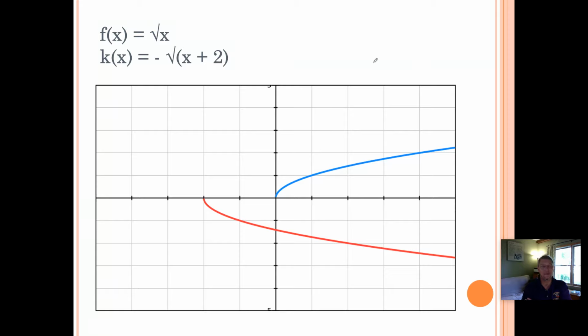Now let's look at the function k of x. In this case, I've got k of x equals negative the square root of the quantity x plus 2. So I'm doing two things here. First of all, obviously, I flipped it around the x-axis. So there's a reflection across the x-axis.